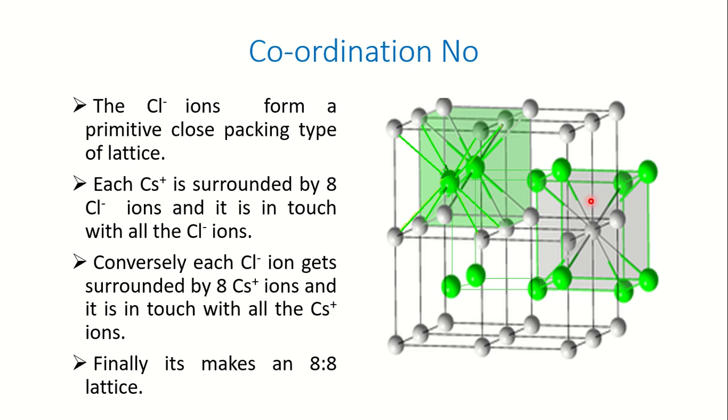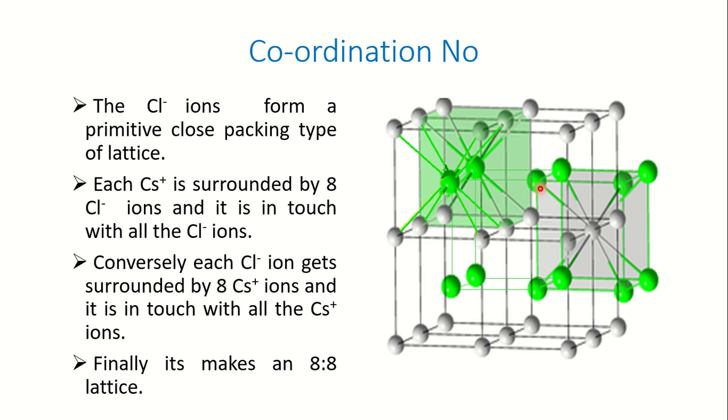So this is actually formed after interpenetration of 2 simple cubes. That is, the chloride ions form a primitive space lattice. On the other hand, the cesium plus ions also form a primitive space lattice.